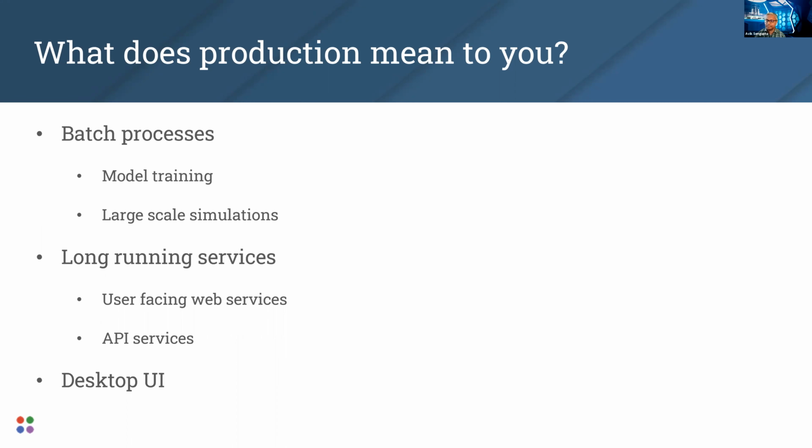And that has certain requirements which are different from running long-running services, which is the other kind of production that people talk about, right? So you're serving user-facing web services, or you're serving API services, maybe REST or JSON services, and you want to have them running continuously with a high uptime and with low latency responding to requests.